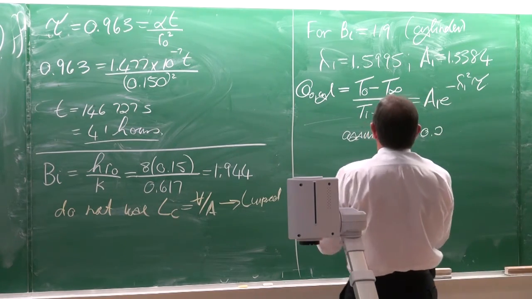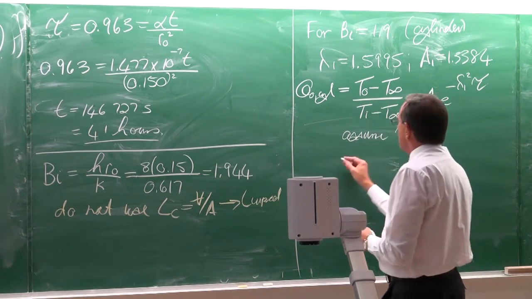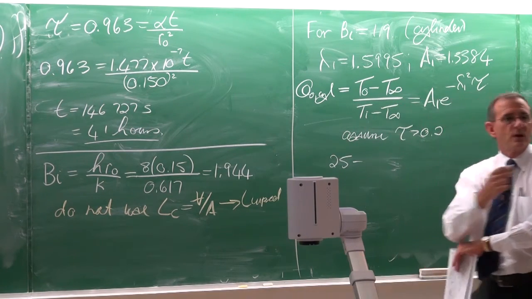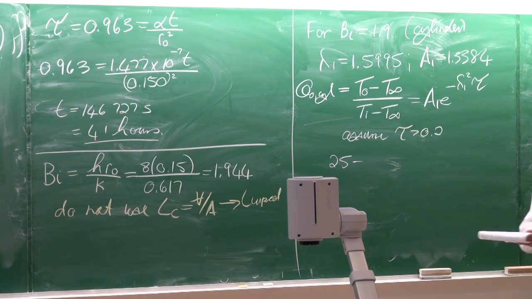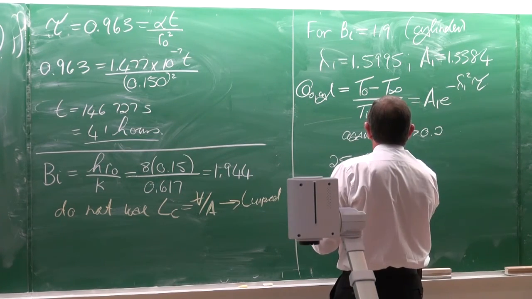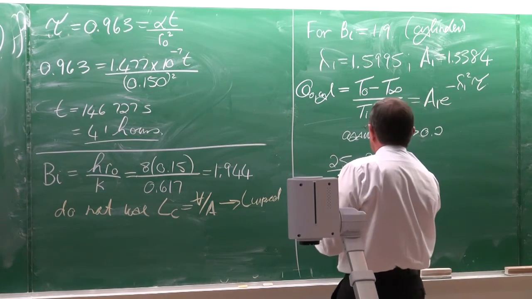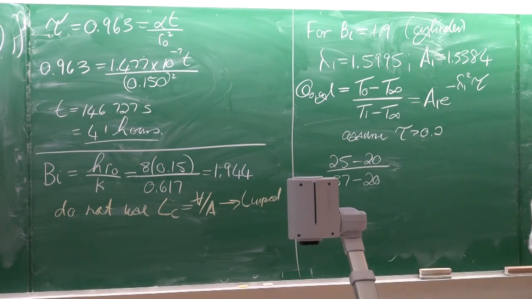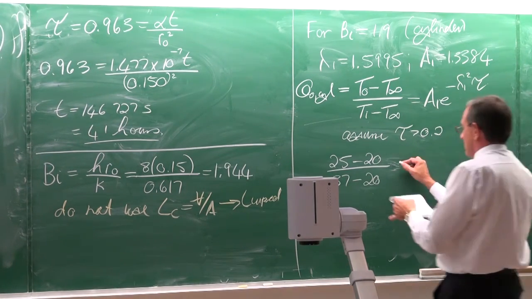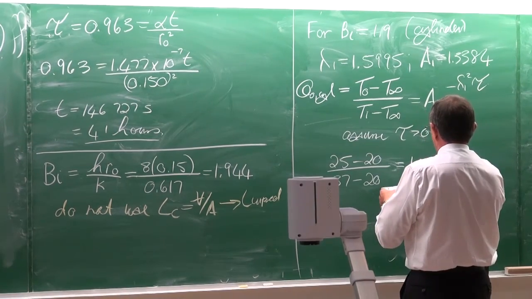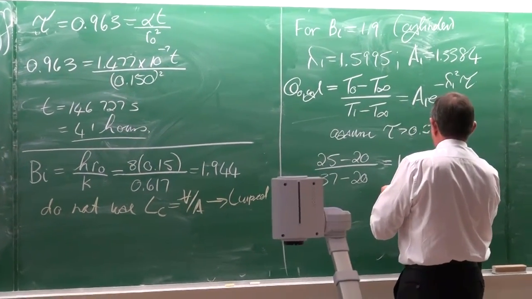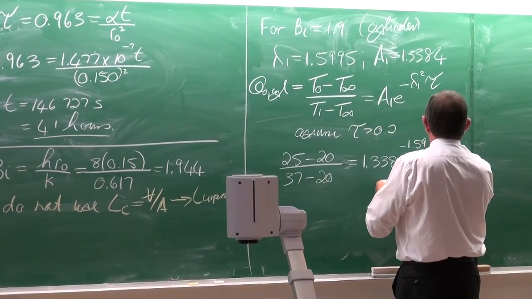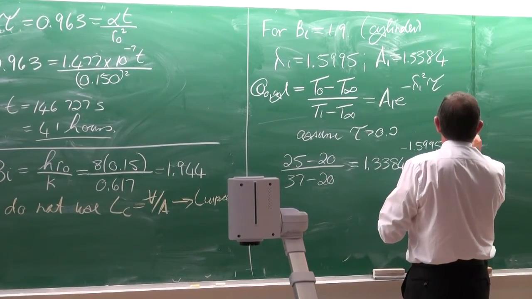So if we now do the substitution, the temperature in the center was 25 degrees Celsius. The environment temperature was 20, the initial temperature was 37, again minus 20, the environment temperature. This is equal to 1.3384 e to the minus 1.5995 squared multiplied by tau.